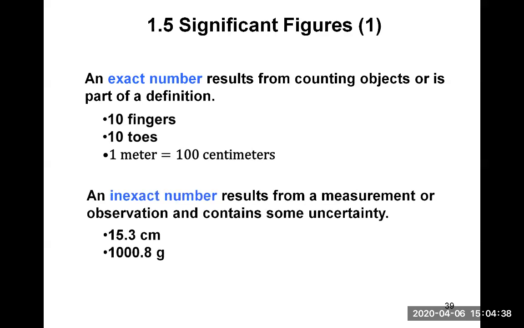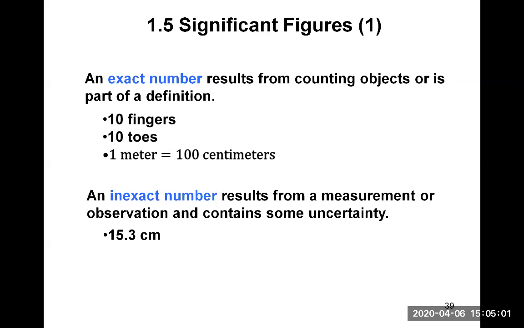An inexact number is a result of a measurement or an observation and contains some uncertainty. We just saw how the estimated digit at the end of a measurement carries the uncertainty. And so when you have a measurement like that, you have an inexact number.